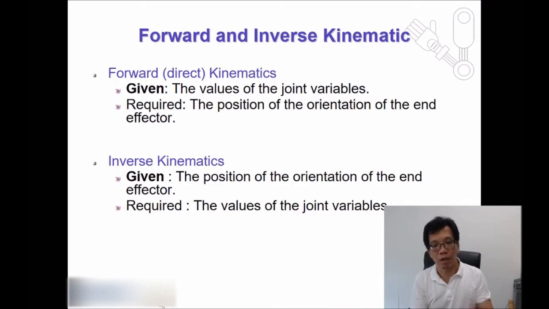When we are using forward kinematics, what we really want to do is, given the values of joint variables like theta, alpha, d, and a, find out the destination or the end position of the robotic device. So we can have, let's say, 3, 4, 5, 6 joints or links.